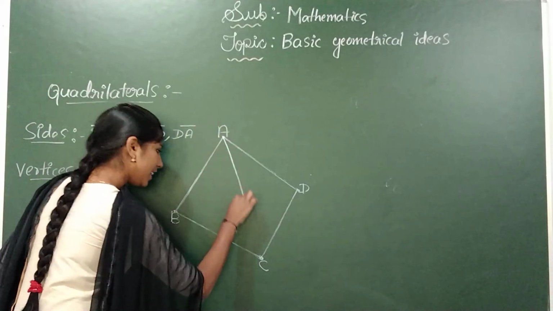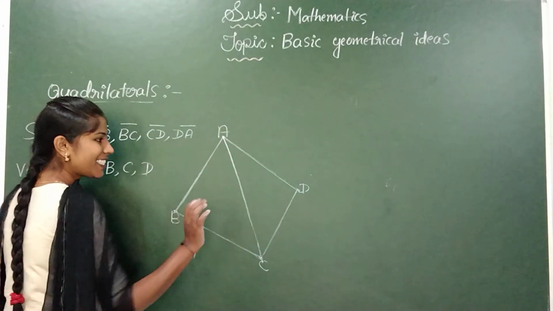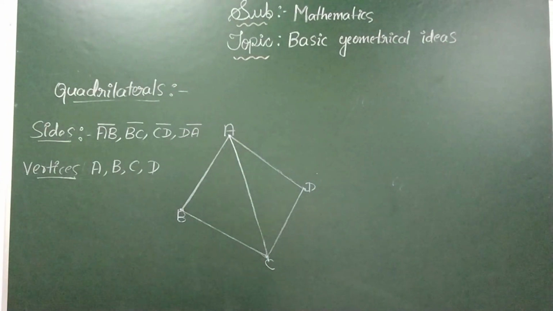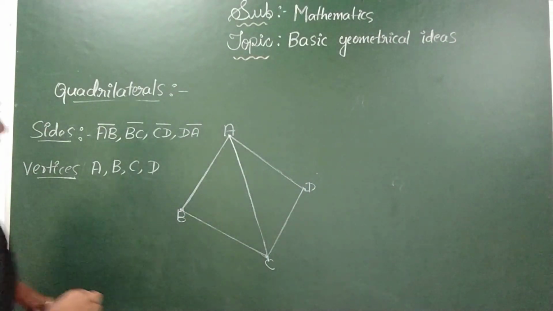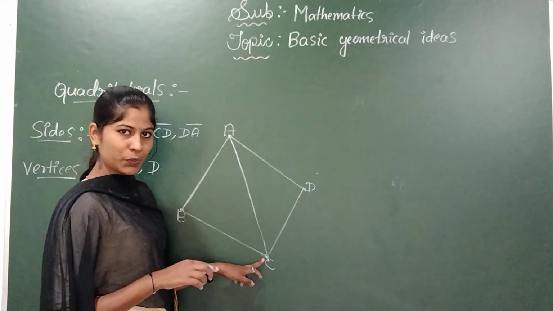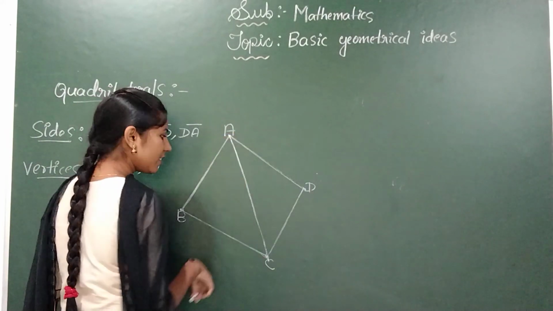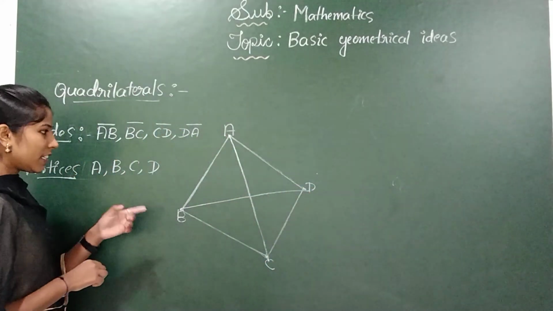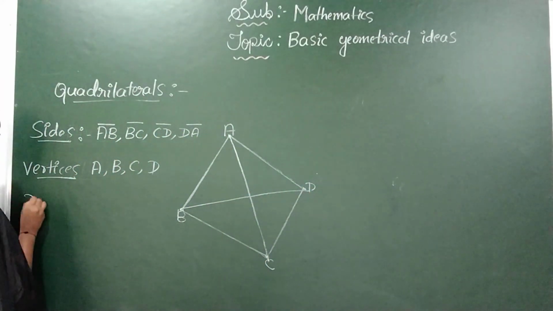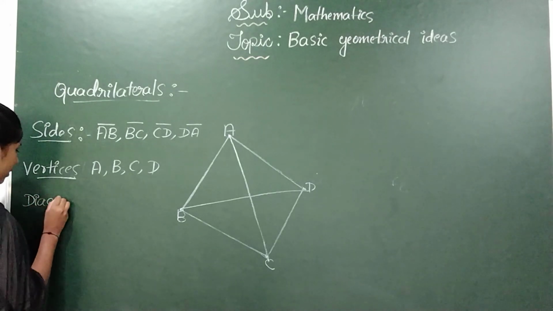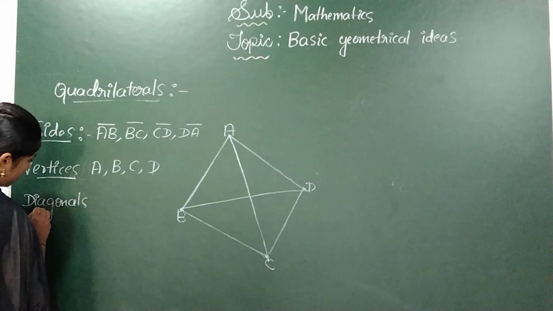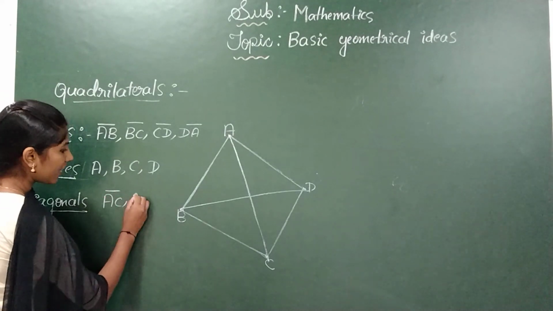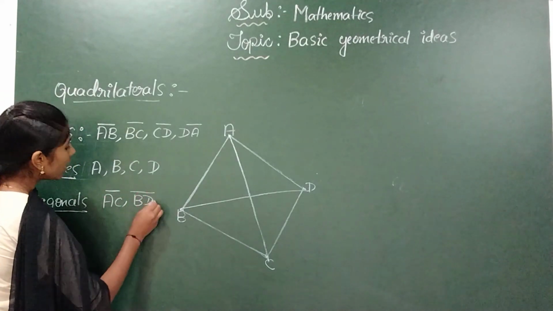A and C are non-adjacent vertices, so you can join them. This is a diagonal, and B and D are non-adjacent vertices. This is another diagonal. So what are the diagonals of this quadrilateral? AC is a diagonal and BD is another diagonal.